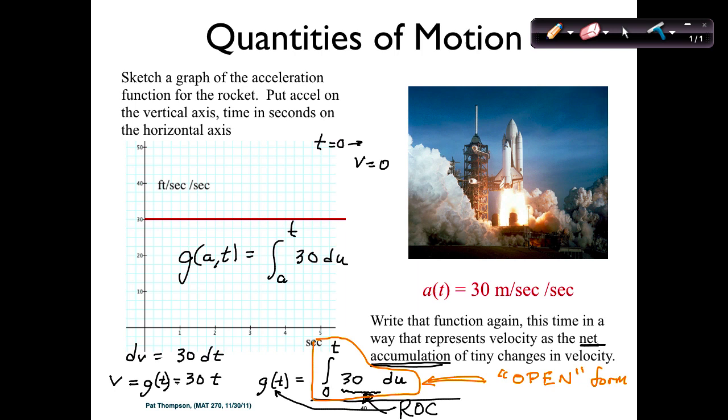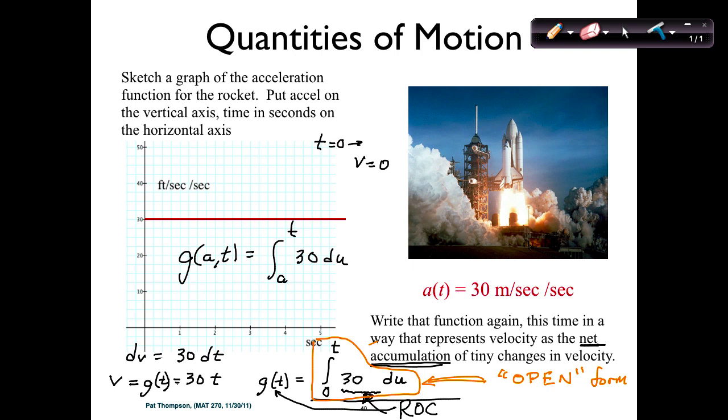That's the good thing about it: when you look at it, you see the process, you see the meaning. But the downside is that it doesn't readily or easily compute values of velocity for us. All semester long, to get values of this function, what did we have to do? GC, right?